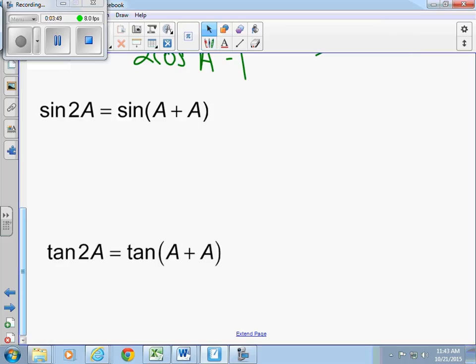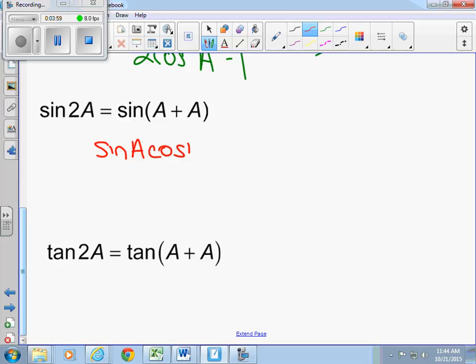The next one. Sine of 2a. What's the identity for sine of a plus a? Since those are all a, isn't that just 2 sine a cosine a?